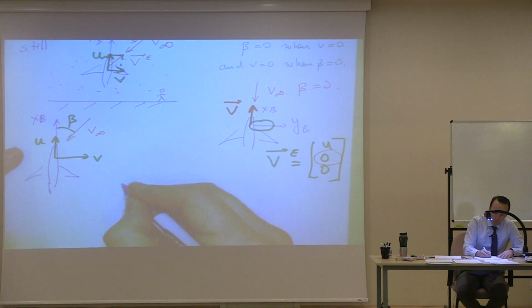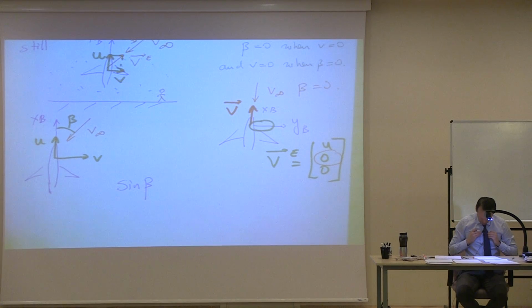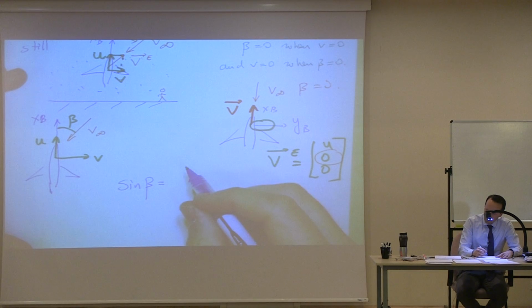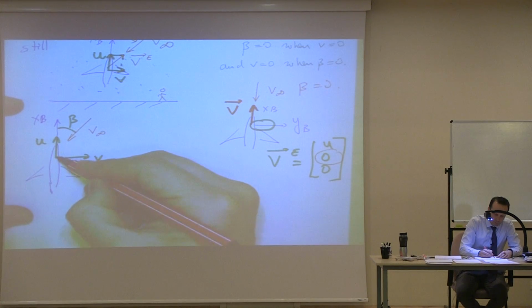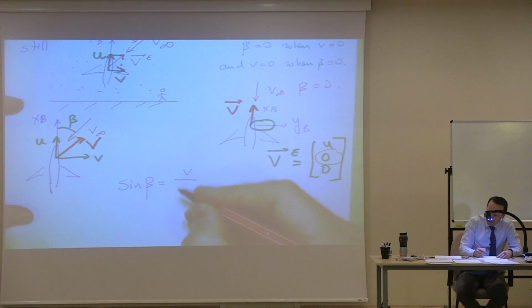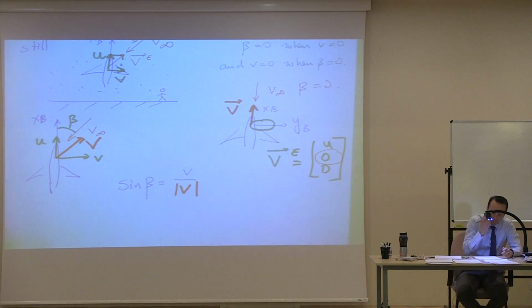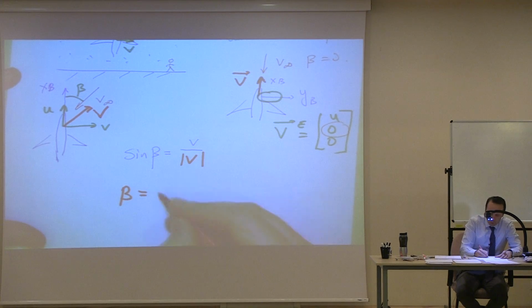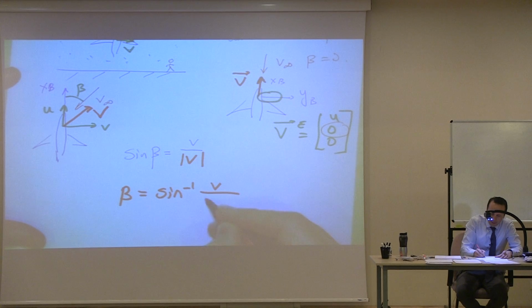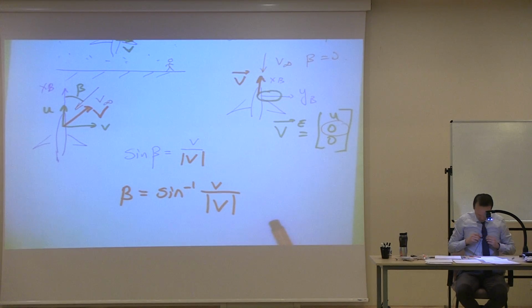So you could really write this: sine beta is equal to v divided by the total velocity, the magnitude of the big V, and therefore beta is equal to sine inverse of small v divided by the magnitude of the big V. Sorry, this is getting out of battery again.